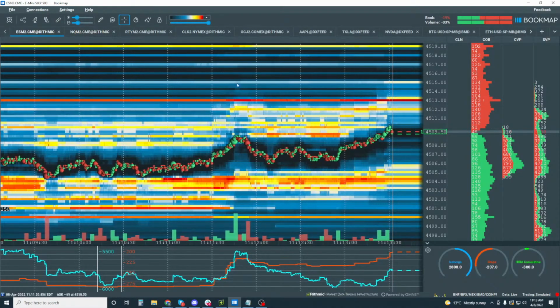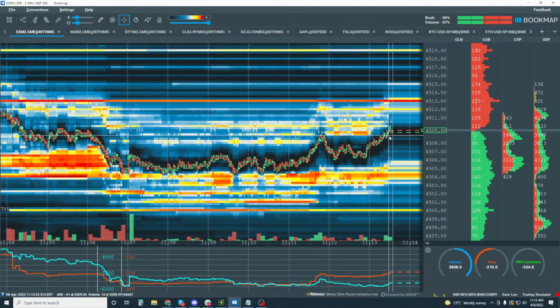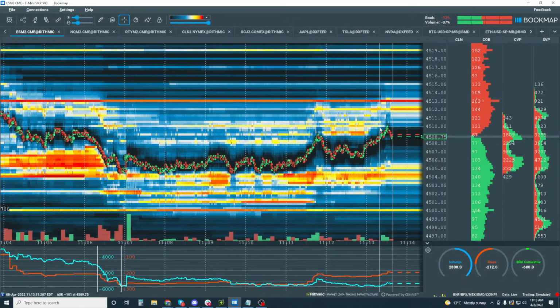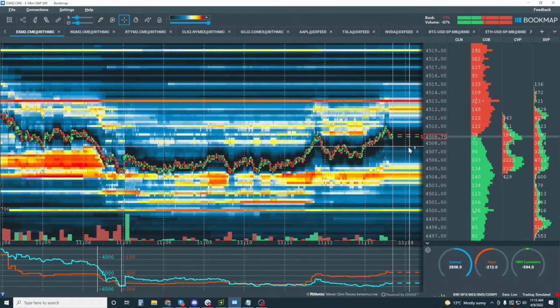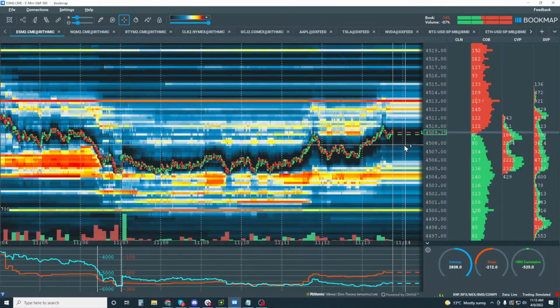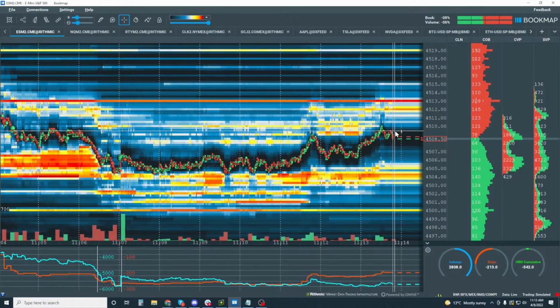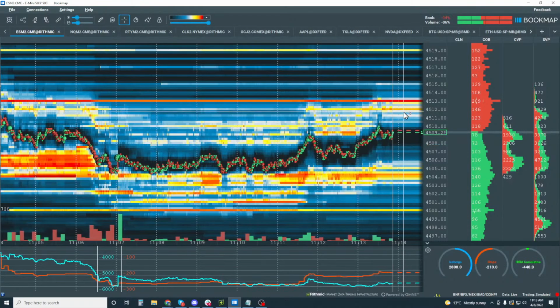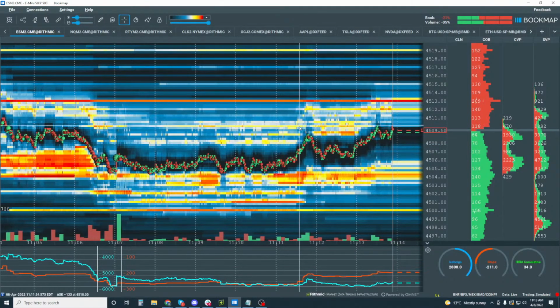Okay, we'll jump over to NQ here. Nice volume starting to trade up here, top of the range. Not a whole lot. Pretty dark in here. Don't like it. If we see a reaction to increased demand here with more aggressive buying, then it looks good for 12 and 13 here.